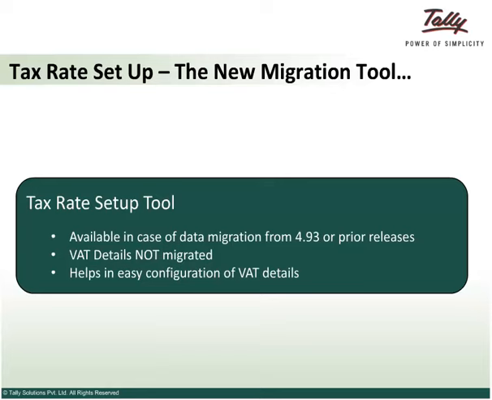This is exactly where the new tax rate setup report comes into play. It will assist users to smoothly configure the VAT details, commodity name, code and VAT rates for stock groups or stock items in Release 5.1. Now let us see this powerful capability in action.